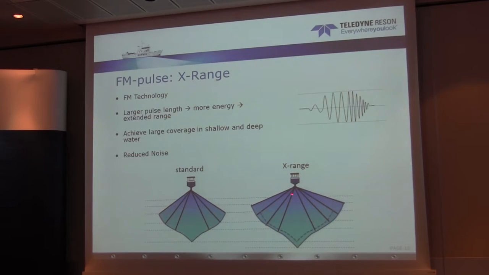With X-range you have extended range, so you can continue using that same swath angle, meaning you get more coverage and spend less time on your survey. Alternatively, if you're in shallow water, you can now point up the banks, for example shallow banks, which you otherwise wouldn't be able to reach.